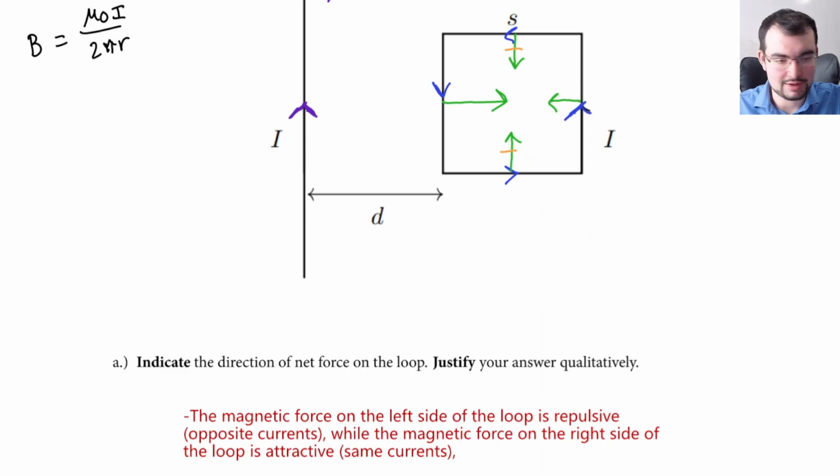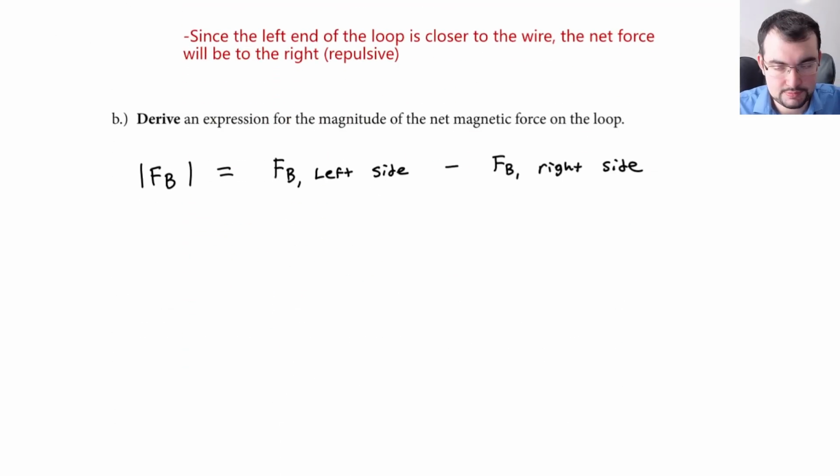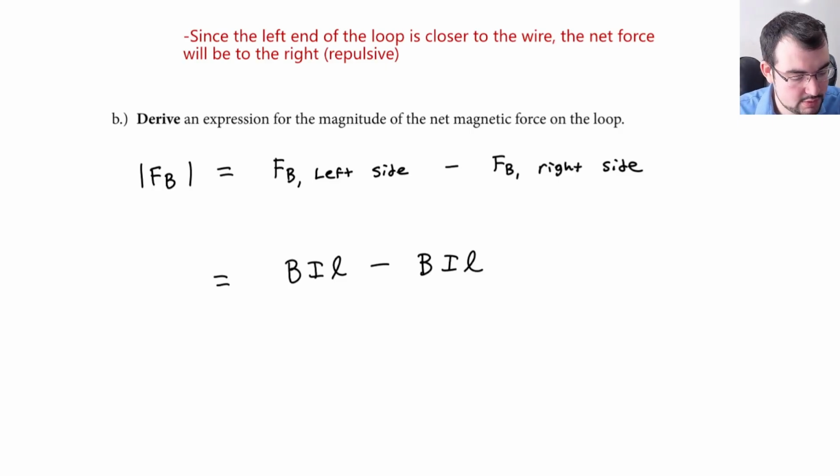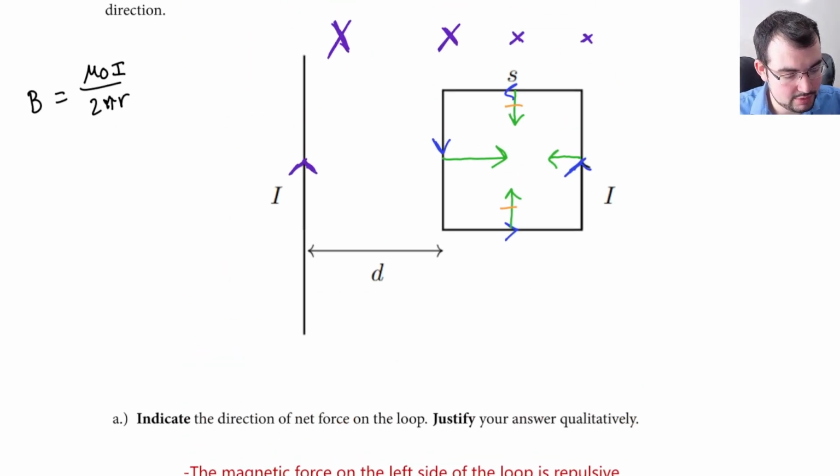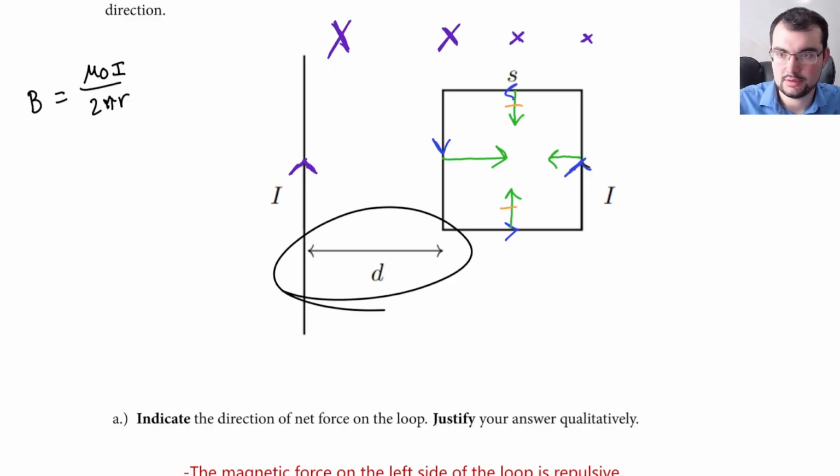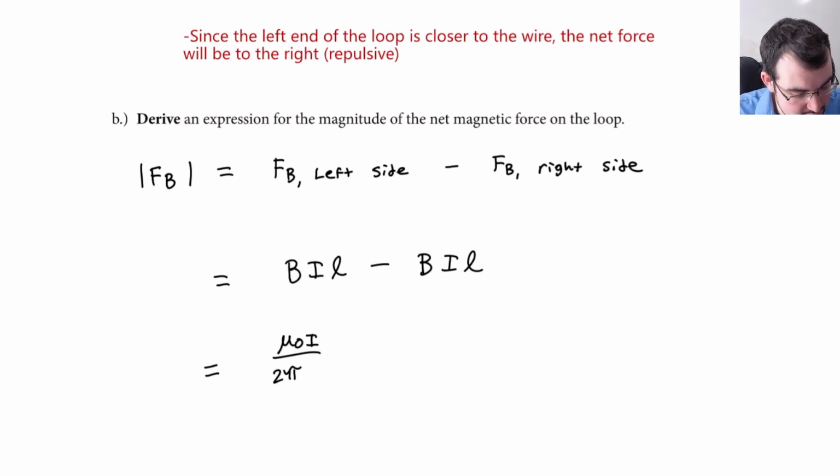The net force is going to be this repulsion minus this attraction. So it's going to be BIL minus BIL. B on the left side is mu naught I over 2 pi. Where is that? Well, this is just d. The left side of the loop is just a distance d away.